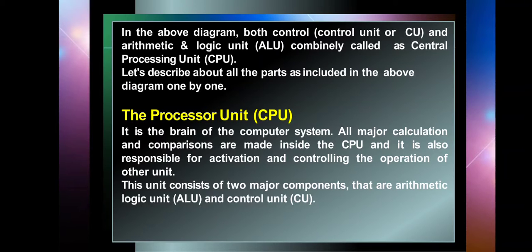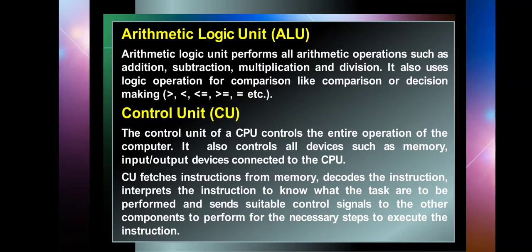So let's describe all the parts included in our diagram one by one. The CPU is the brain of the computer system, like I said earlier. Major computations and comparisons are made inside the CPU, and it is also responsible for activation and controlling the operation of other units. So it consists of ALU and CU. ALU means arithmetic and logical unit. CU means control unit.